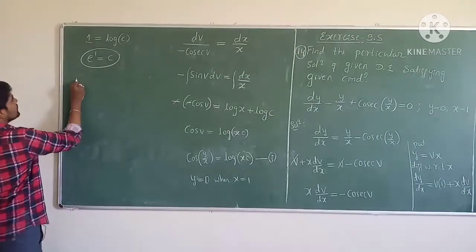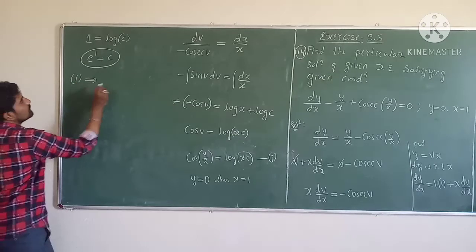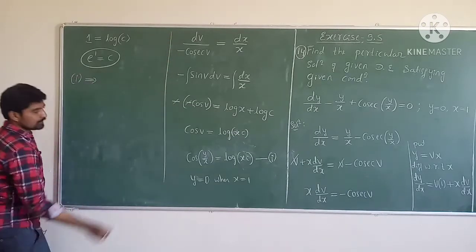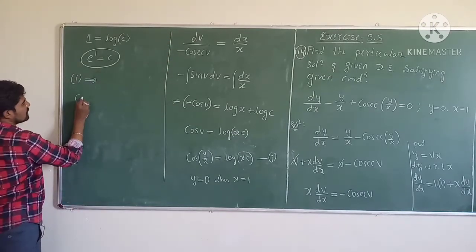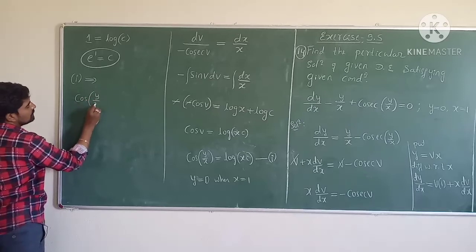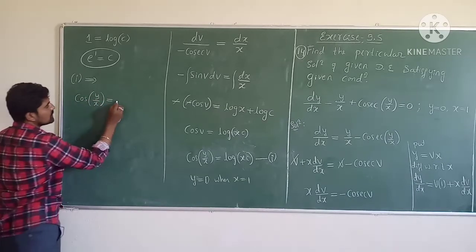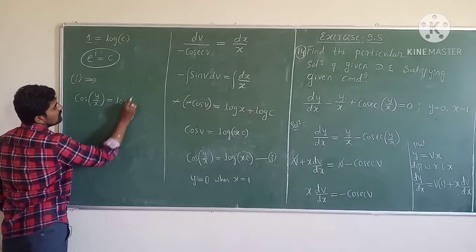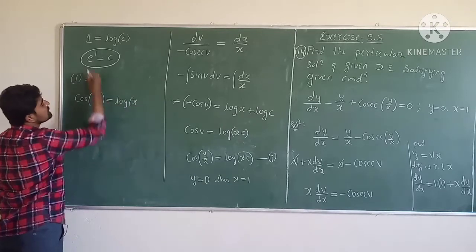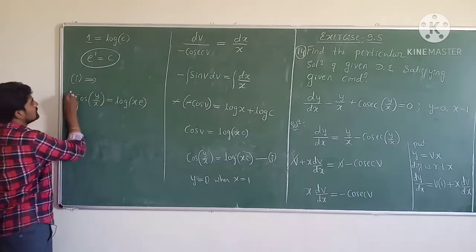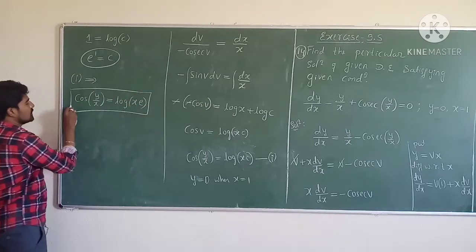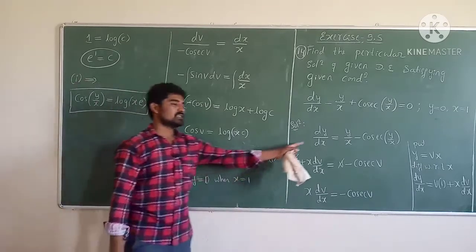So therefore, equation 1 implies cos of y by x is equal to log of x into the value of c, which is e, and this is the required particular solution for the given differential equation.